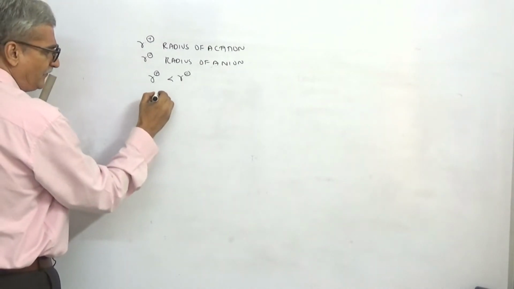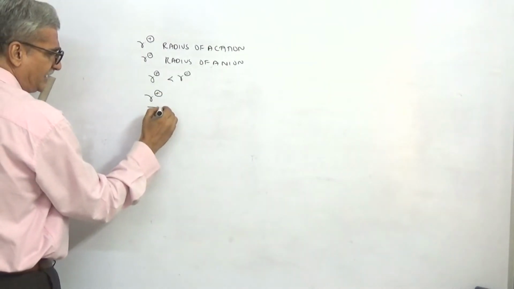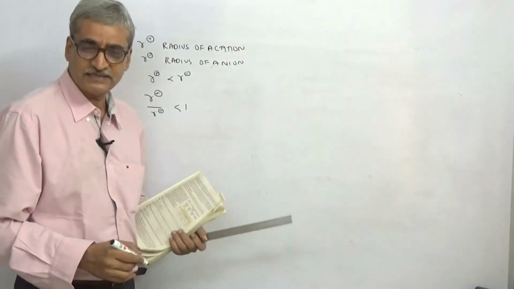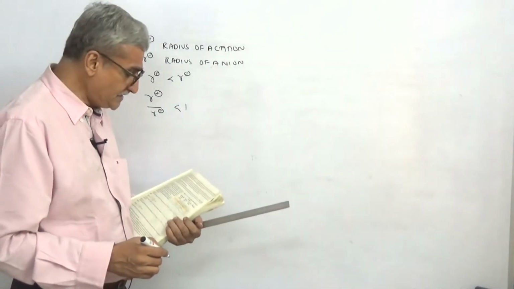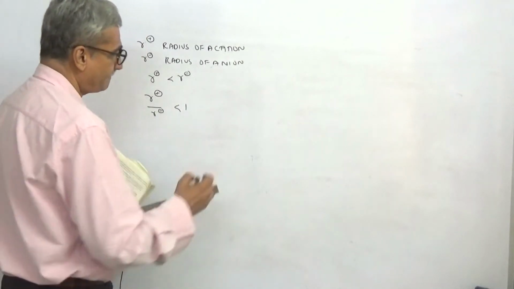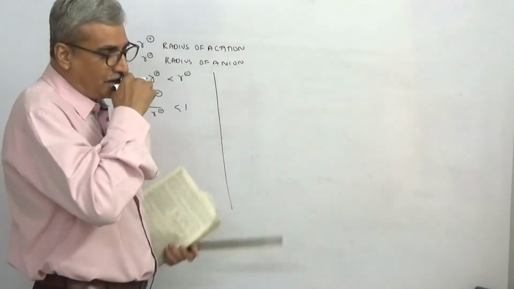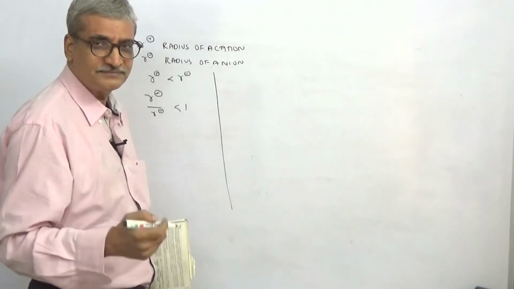So the ratio of the radius of the cation to the radius of the anion will be less than 1. It will be a fraction. Is this clear? So we have a limiting factor. What is the limiting factor? 1.